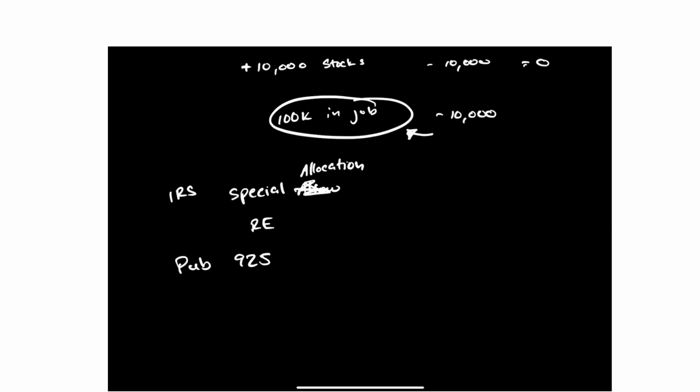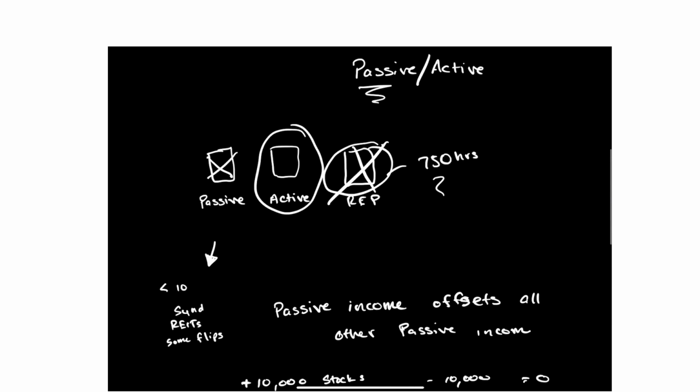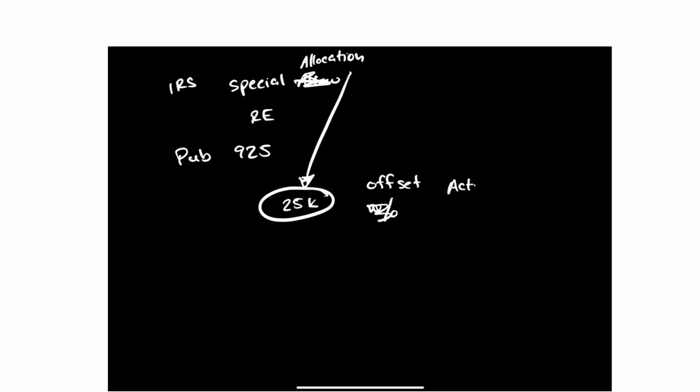So what this says is that if you are an active participant in your real estate, then you have a $25,000 allowance that you can write off, or sorry, not write off, you can offset active income.